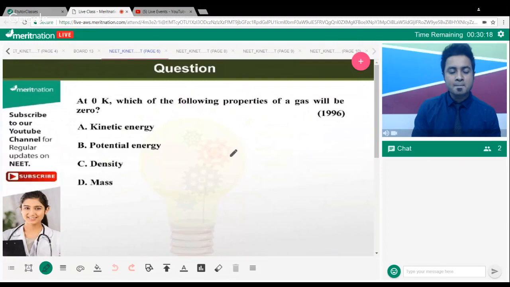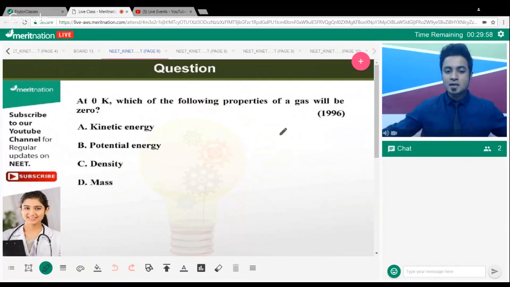So here, at 0 Kelvin, which of the following properties of the gas will be zero? According to you, if we drop the temperature to zero, which of the following quantities will be zero?